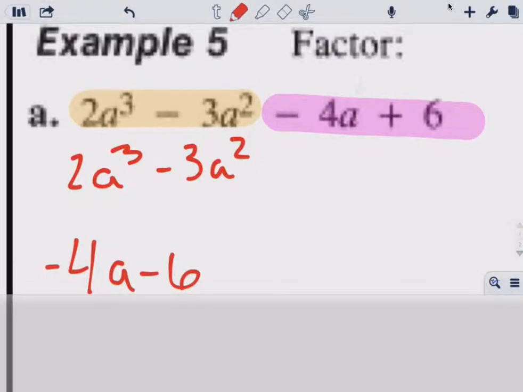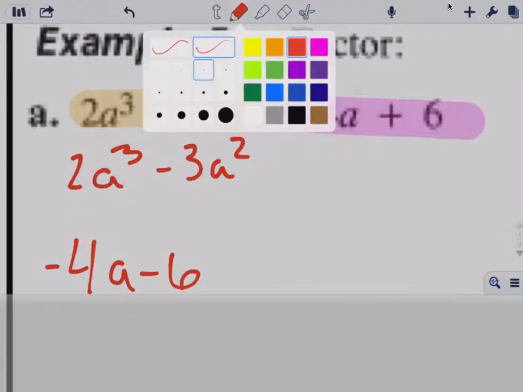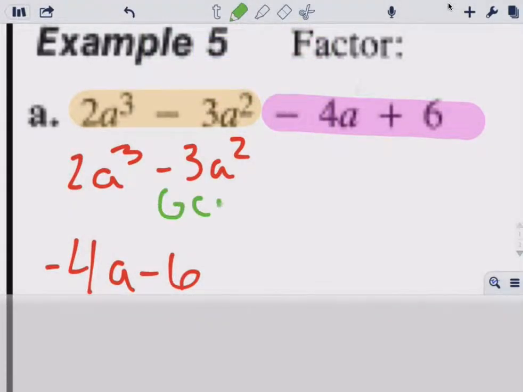When I do this, I'm going to look for a GCF for each piece. For the first piece, your GCF is a squared. So I'll pull out the a squared. I can write this, a squared. Then I see what I have left.